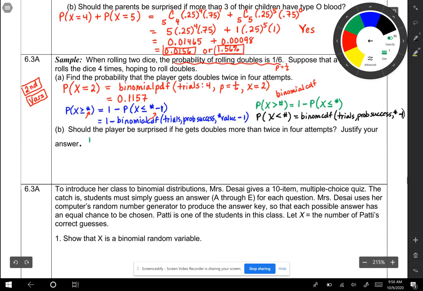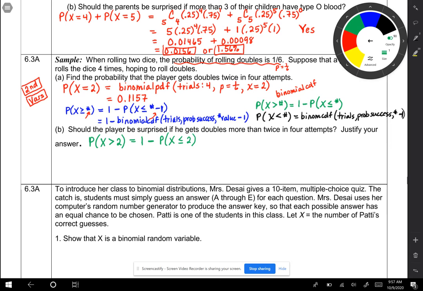So the probability x is greater than 2 is equal to 1 minus the probability that x is less than or equal to 2, because if it's greater than 2, it could be 3, 4, or whatever. So you can include that 2 when you're doing the binomial CDF.